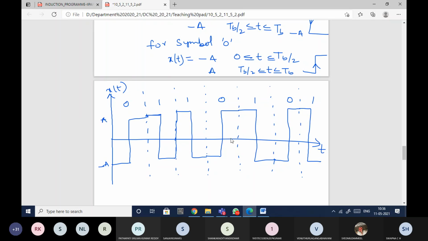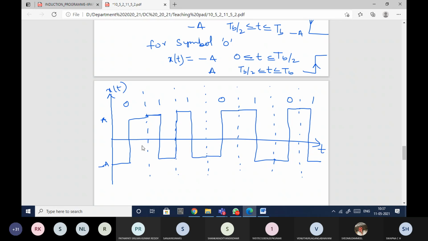The advantage of this over split bipolar is that here the average DC value will be equal to 0, because each symbol, if you take symbol 0, has negative amplitude also, positive amplitude also. So irrespective of an even number of ones or an odd number of ones, the DC value of this signal will be equal to 0.